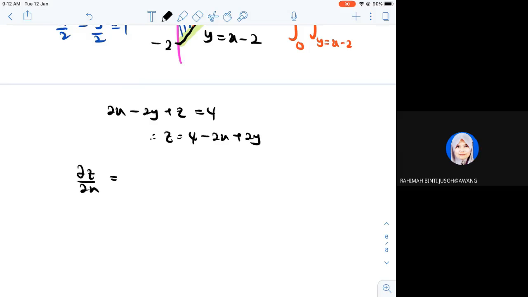Okay, so next step we have to find del z del x. So differentiate z with respect to x, you all dapat apa ni? -2. Very simple, right? And del z over del y, we will get 2. Yes, very good.